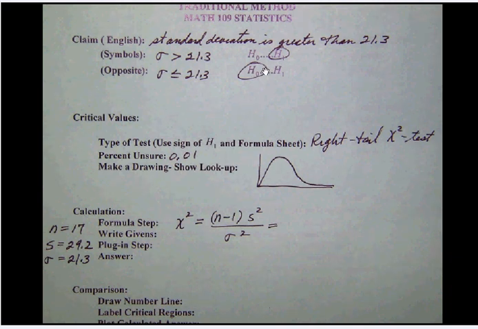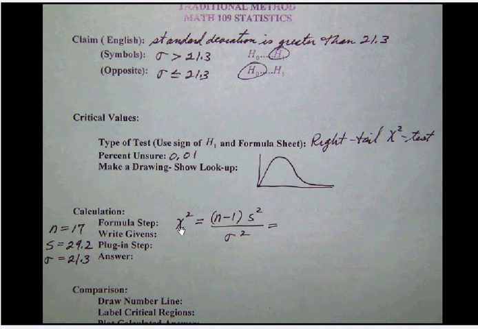Now for the critical values. Since this is a traditional test, we're going to be dealing with critical values of chi-square. Notice that the type of test, according to the sign of H1 up here, which is greater than, is a right tail test. It's chi-square because we're dealing with the hypothesis test for the population standard deviation.